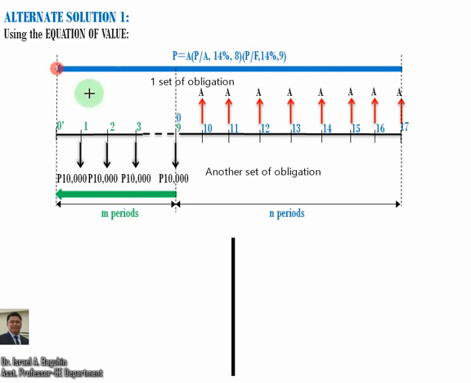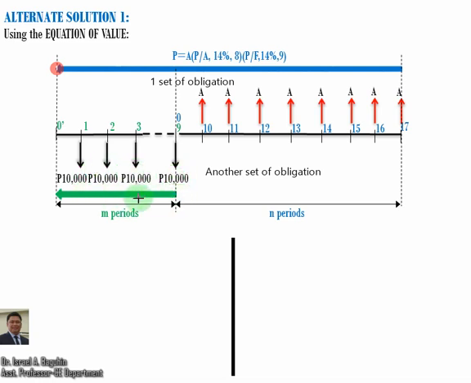So we are going to calculate now the value of our P, because we are going now from right to left. So this side is our principal or the present worth. So we are after this P, considering this one set of obligation, and after calculating the value of P, we will consider this another set of obligation which is below this annuity. Okay, we are considering this another set of obligation which is referring to the cash deposit of 10,000 pesos until the 9th year.